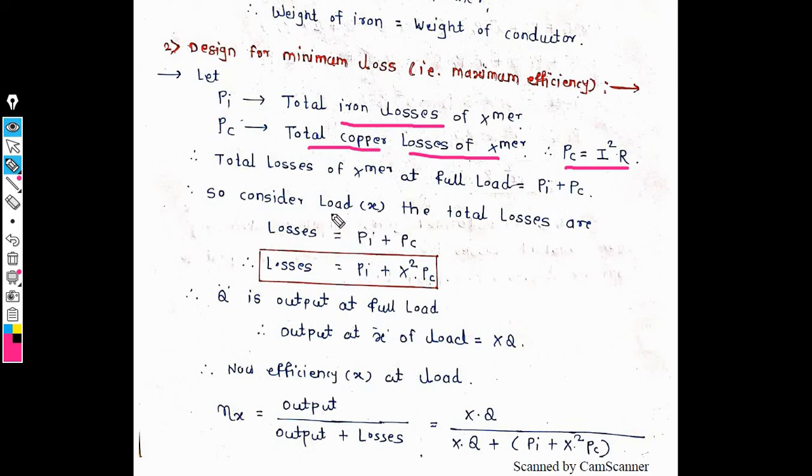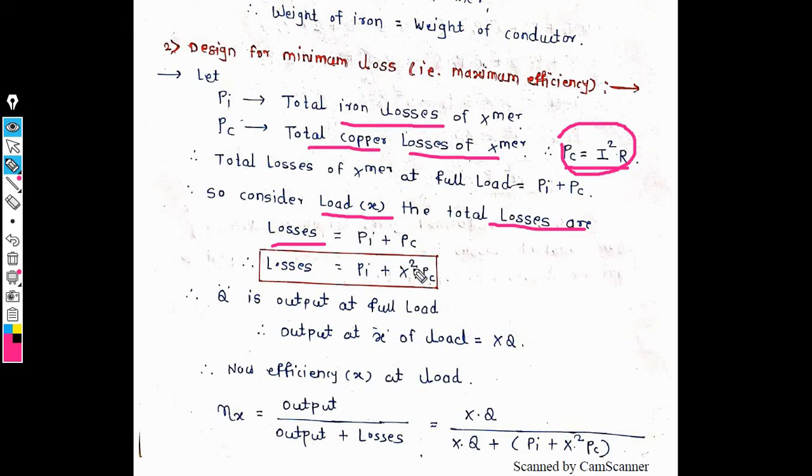Now consider load is x. Then total losses are Pi plus x square Pc. The copper loss depends on resistance, that is, the leakage resistance of the transformer.